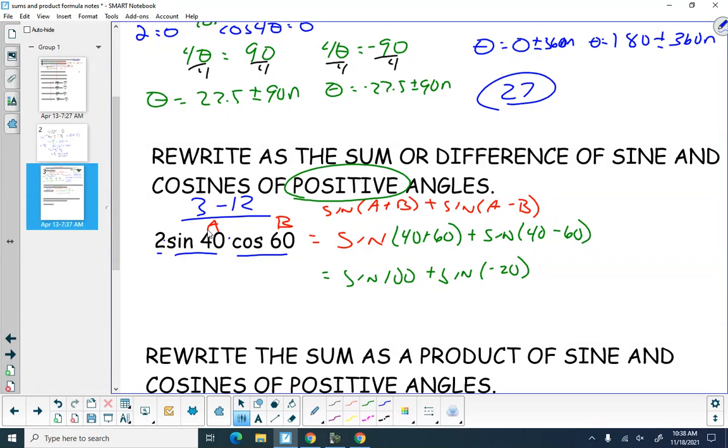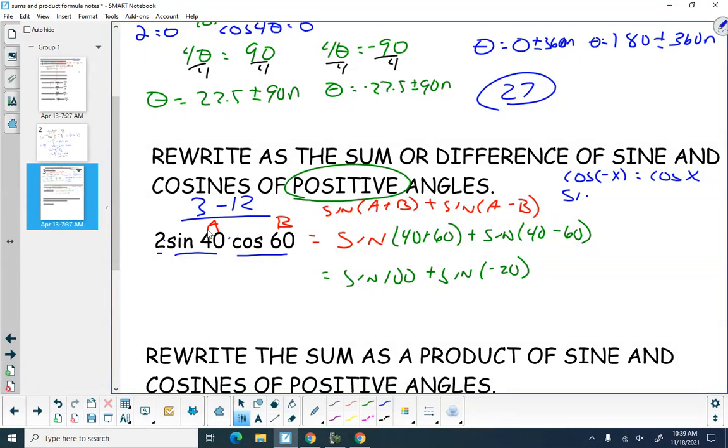So this goes back to what we talked about last section, the odd and even functions. When I have the cosine of negative x, this is equal to the cosine of x. Cosine of x and negative x are the same. They are even functions. If I put in 30, I put in negative 30, I take the cosine of an angle, it's going to give me the same value.